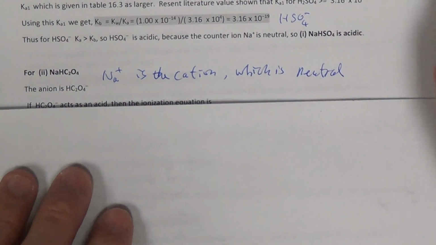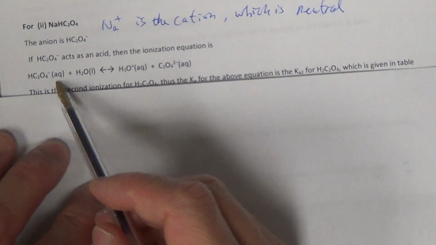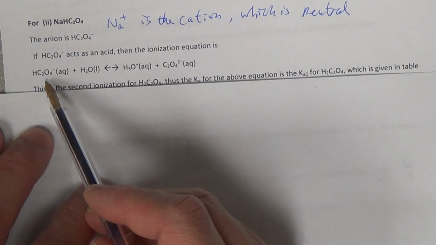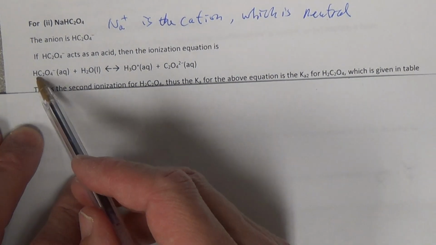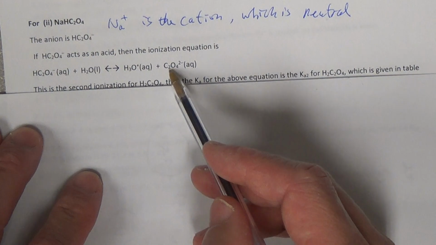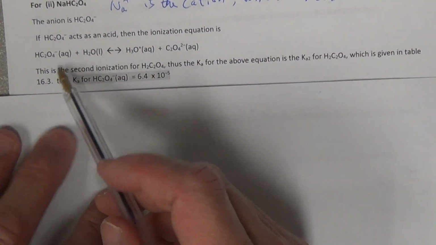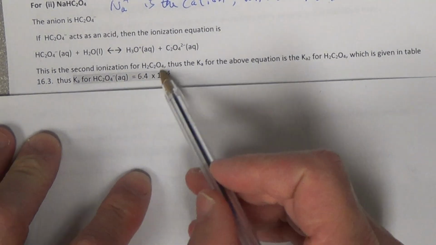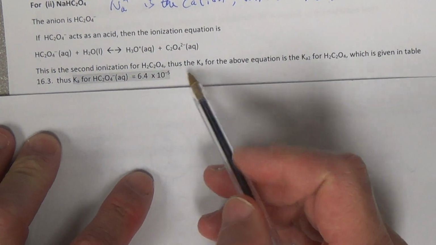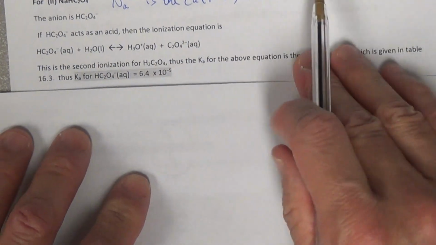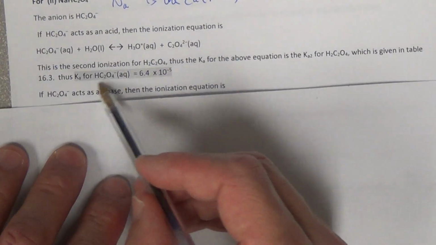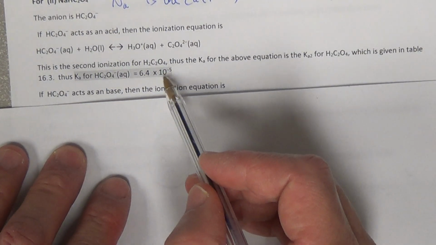To find the Ka for this one, we write the equation using this as an acid. It loses this H and becomes that. We realize this is actually the second ionization of H2C2O4, so using table 16.3, you get a Ka for this of 6.4 times 10 to the negative 5.